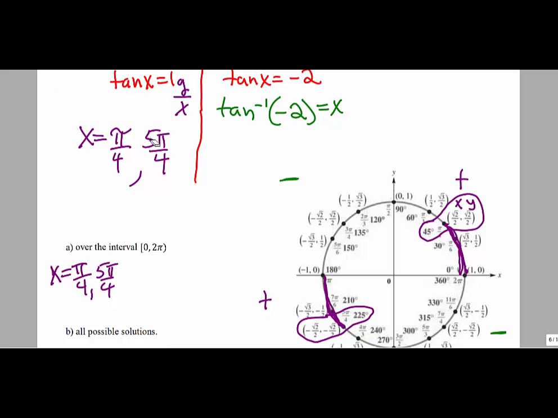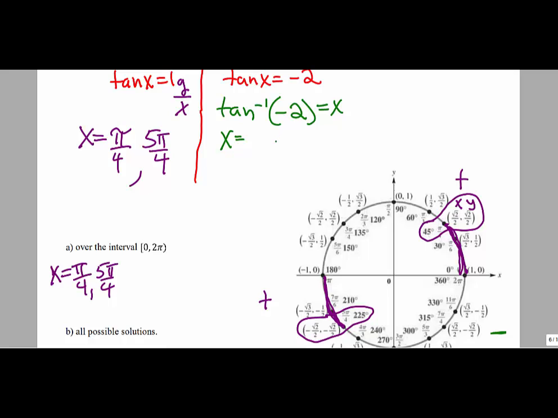So the angle that we get when we put this into our calculator, make sure your calculator is in radian mode. We're working in radians. And the value that we get is going to be a little strange looking, but that's okay. It's in radians, and it should come out to be a negative value.